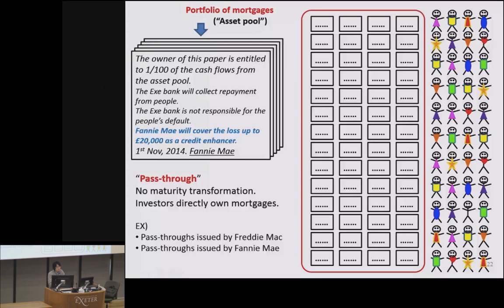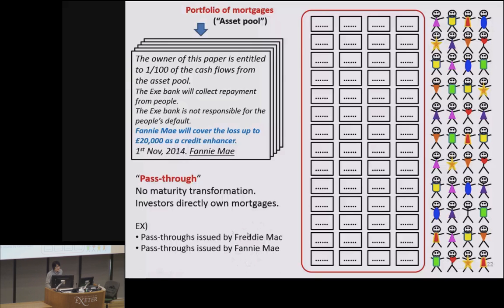Of course, some investors might still think that this security is not safe enough, but in that case, Fannie Mae can offer some credit enhancement, promising to cover some loss up to some amount. Okay, this kind of credit enhancement makes this security a lower risk, lower return asset.